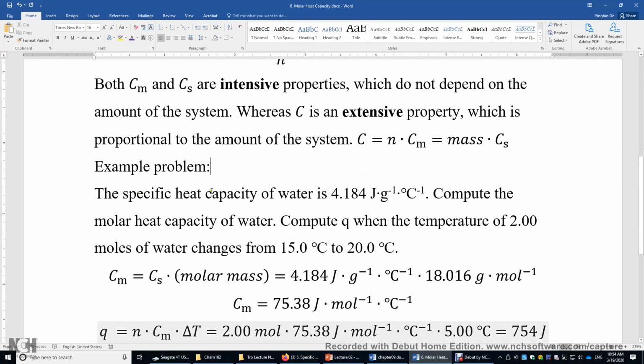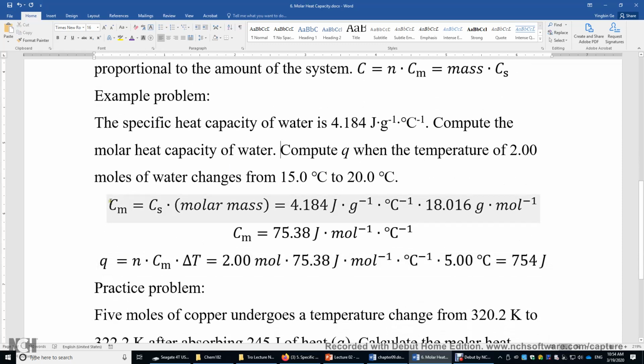The specific heat capacity of water is 1 small calorie per gram per degree Celsius, or 4.184 joules per gram per degree Celsius. Now let's compute the molar heat capacity of water and Q when the temperature of 2 moles of water changes from 15 degrees Celsius to 20 degrees Celsius.